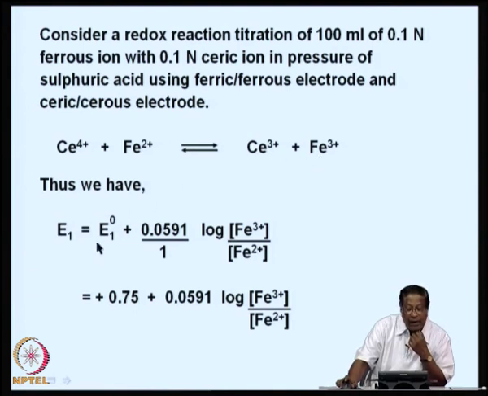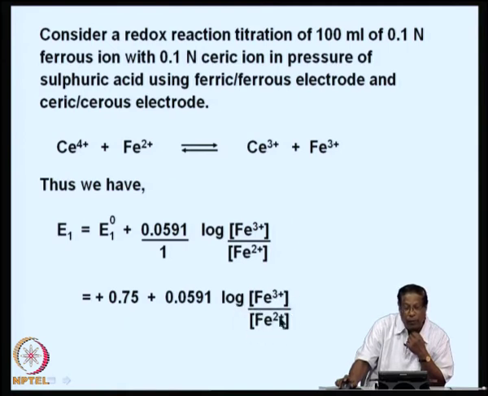So, we can write the Nernst equation: E1 is equal to E1 naught, and this I can replace with a known value, that is 0.75, plus 0.0591, a 1 electron system, log of Fe3+ by Fe2+.